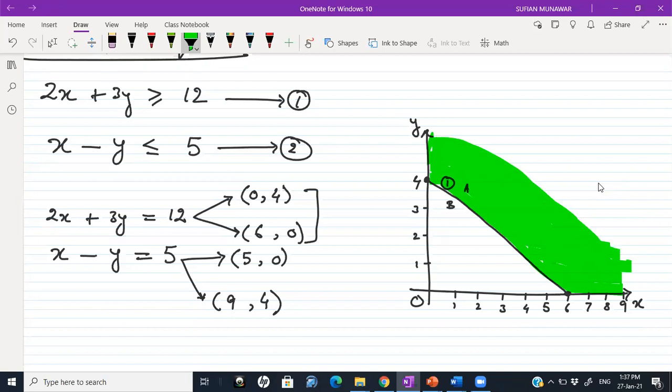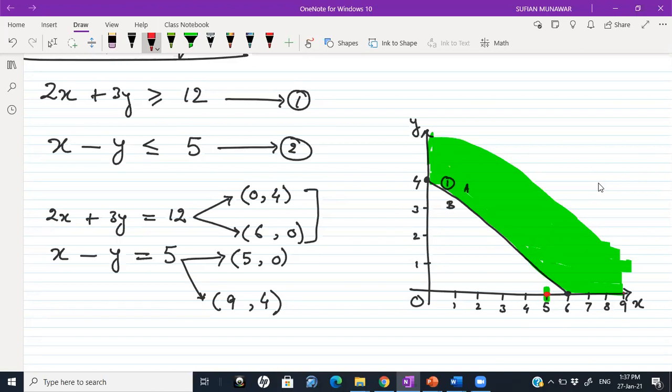Now we will plot the second inequality. If you look, the first point is here, 5, 0, and the second point is 9, 4.